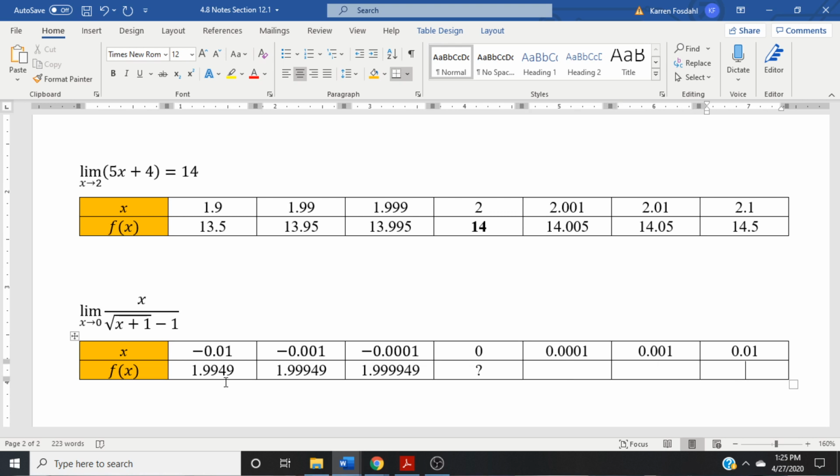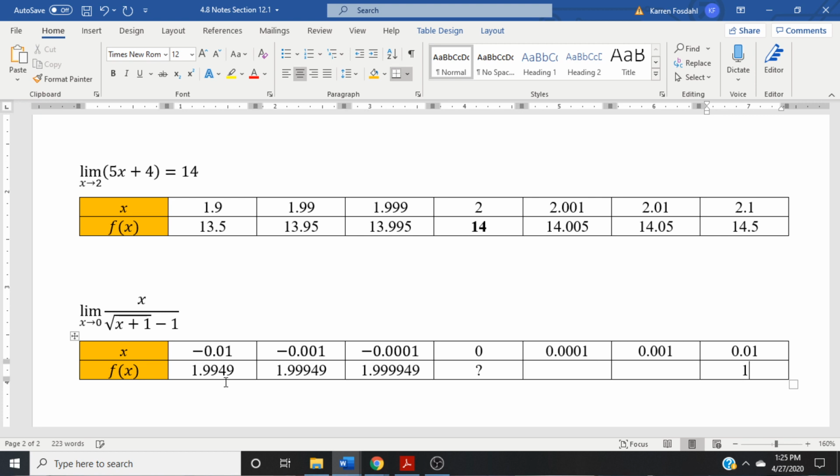Okay, same direction, so 0.01 divided by the square root of 0.01 plus 1, minus 1. Sorry.